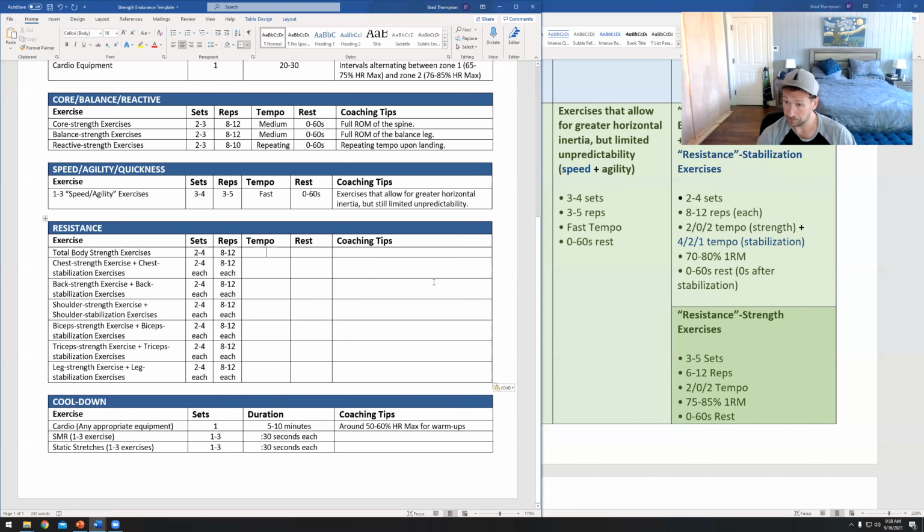Our tempo is going to be 2-0-2 for our strength movements plus 4-2-1 for our stabilization movements. And rest is going to be 0 to 60 seconds.